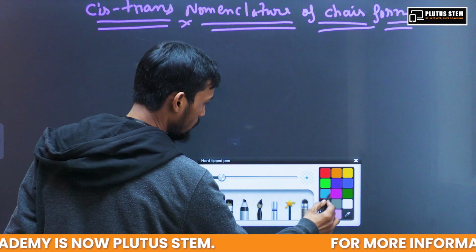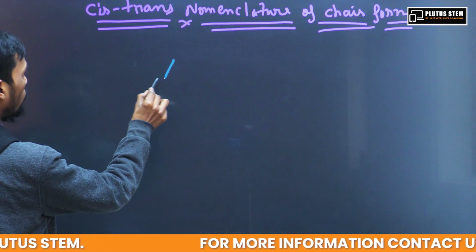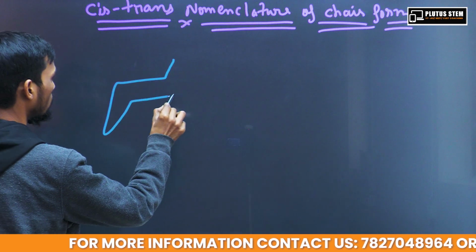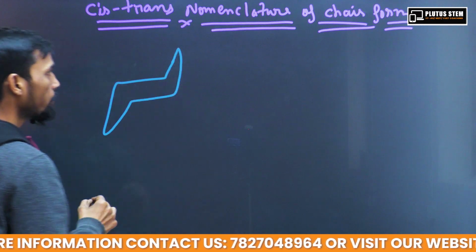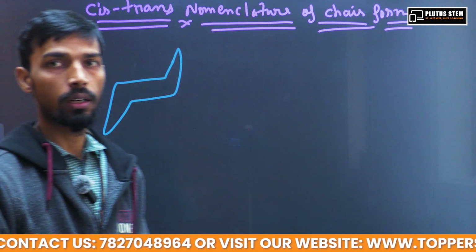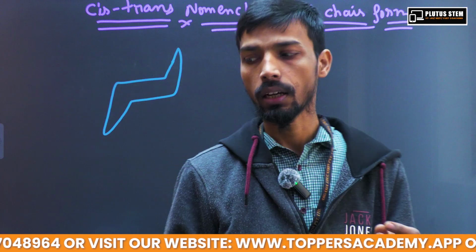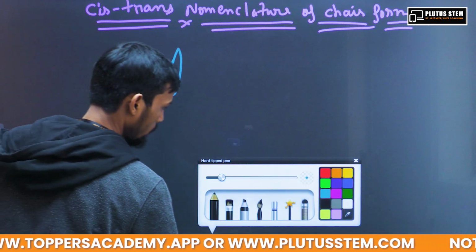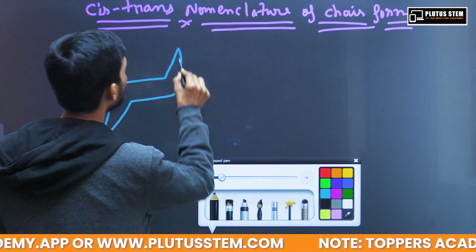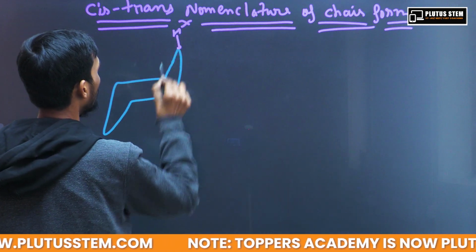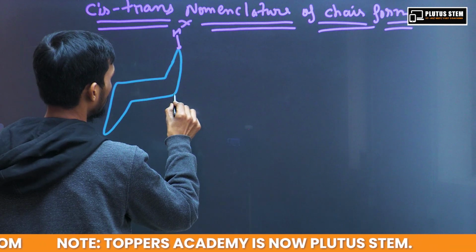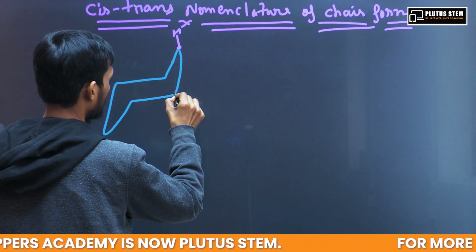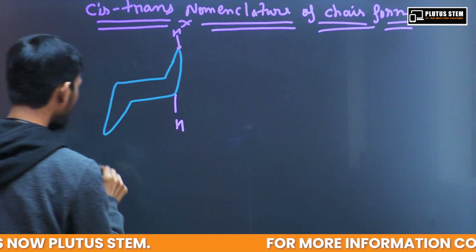So as we know, this is the chair form over here. So if we visualize over here, we know there are two positions, axial and equatorial positions. This one is axial position, let's say, and this one is axial hydrogens.